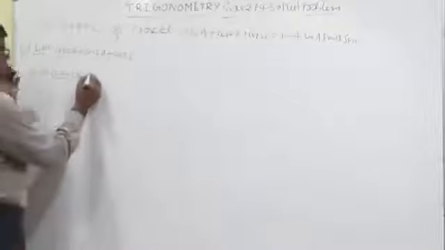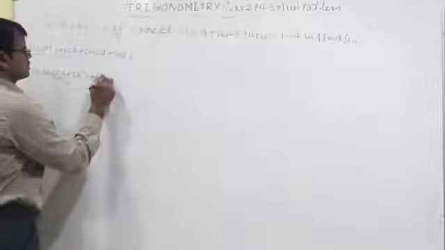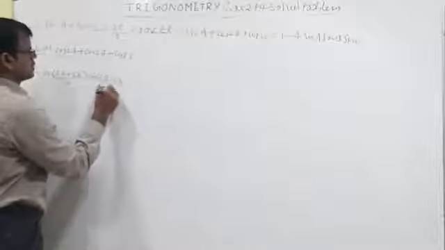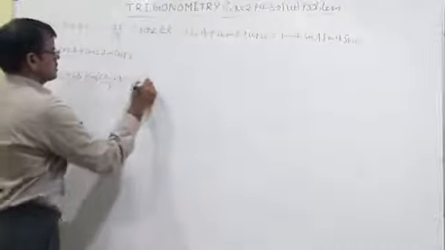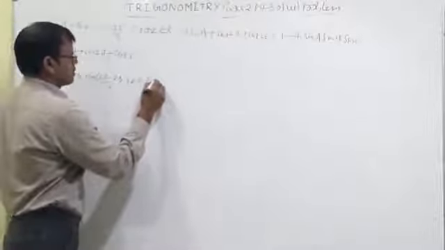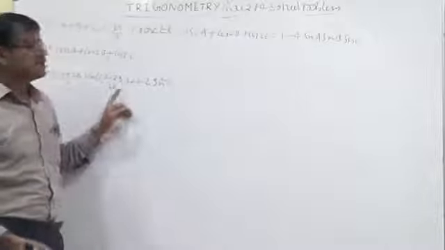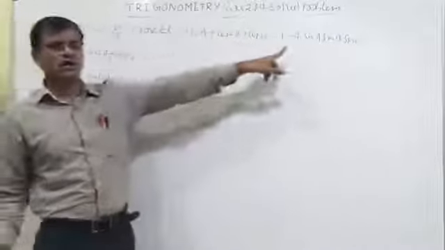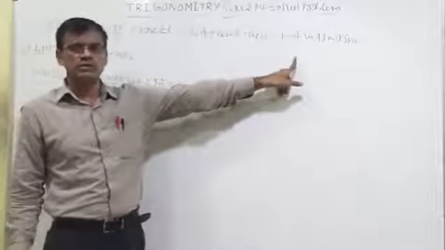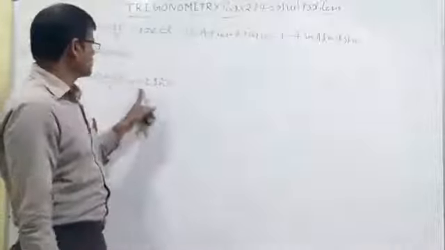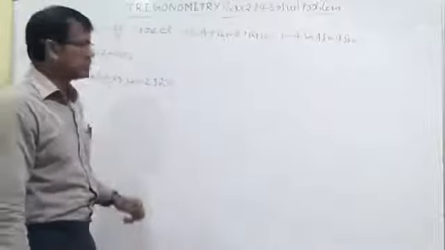So this is 2 cos of (2A plus 2B) by 2 into cos of (2A minus 2B) by 2, plus for cos 2C apply the formula 1 minus 2 sin square C. If minus 1 is there, you should write 2 cos square C minus 1. Here plus 1 is there, that is why you apply 1 minus 2 sin square C.